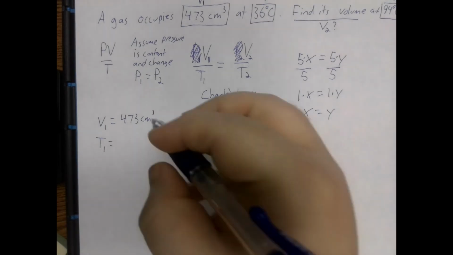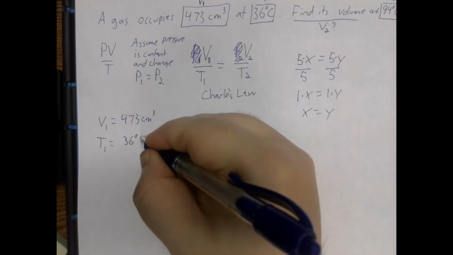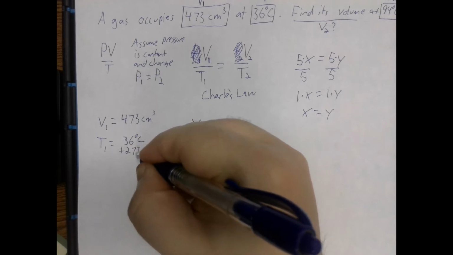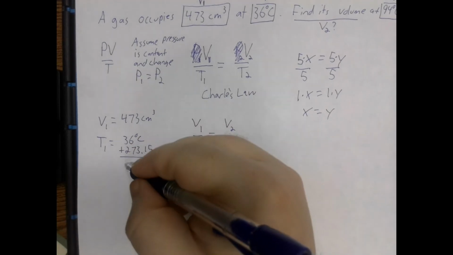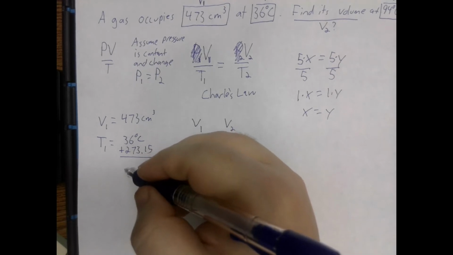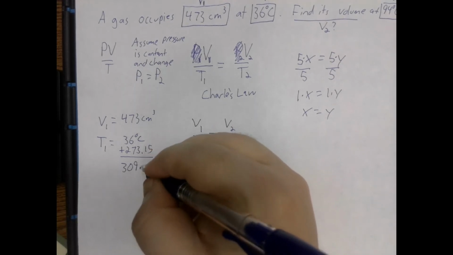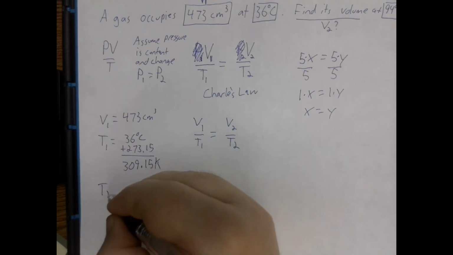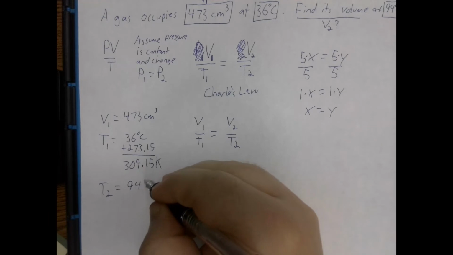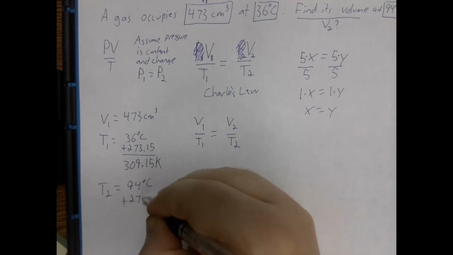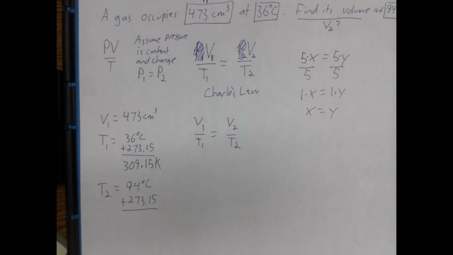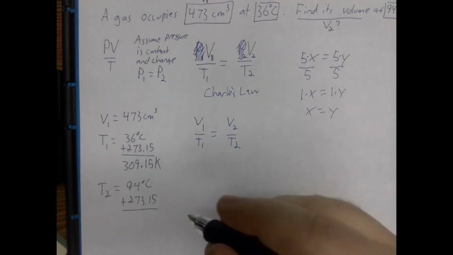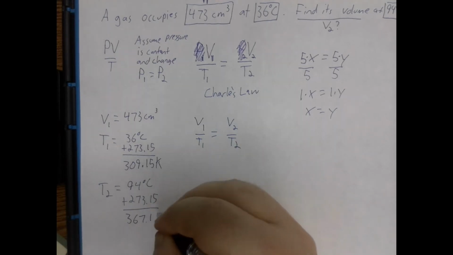So that means we need to take the 36 degrees Celsius, add 273.15 to it, and we get a value of 309.15 Kelvin. So T1 is 309.15 Kelvin. T2, same thing, 94 degrees Celsius. We need to use Kelvin, so we have to convert it. And that would be equal to 367.15 Kelvin.